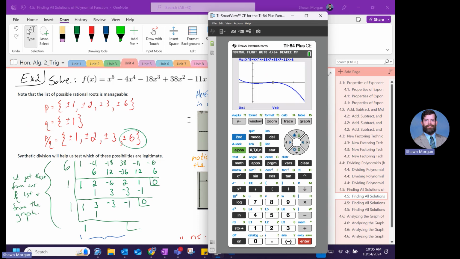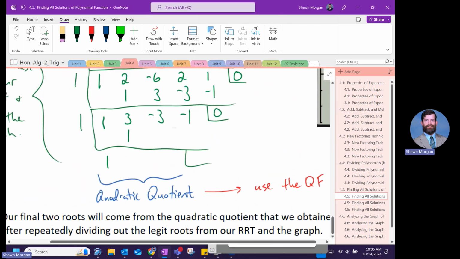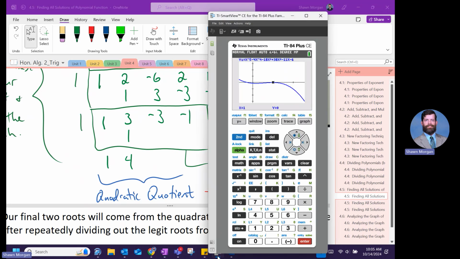All right, let's go ahead and finish this synthetic division out, though. Would you recommend doing the division and getting the quadratic? Yep, that's the process. To be honest with you, I would probably go ahead and use my graphing calculator. I'm good enough at my graphing calculator, and I think you guys are as well. Let's just go back to Zoom 6. I'm good enough at this point to hit trace 6, enter, and say, yep, that's a root.